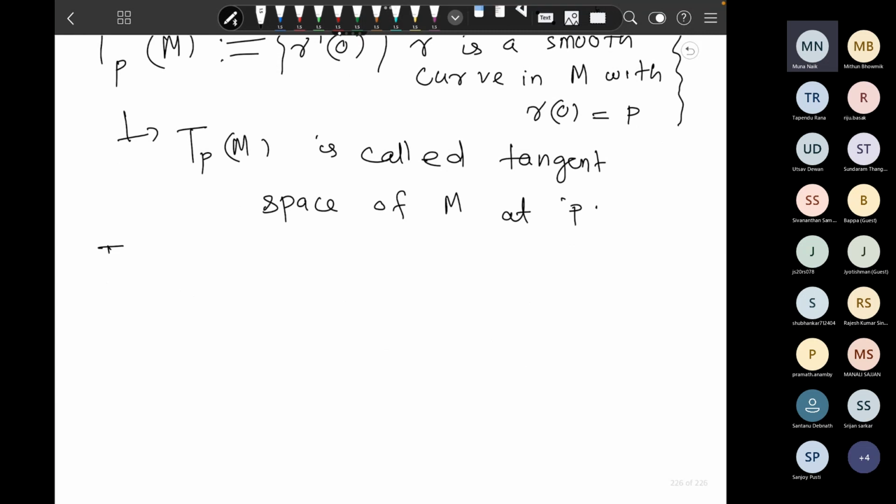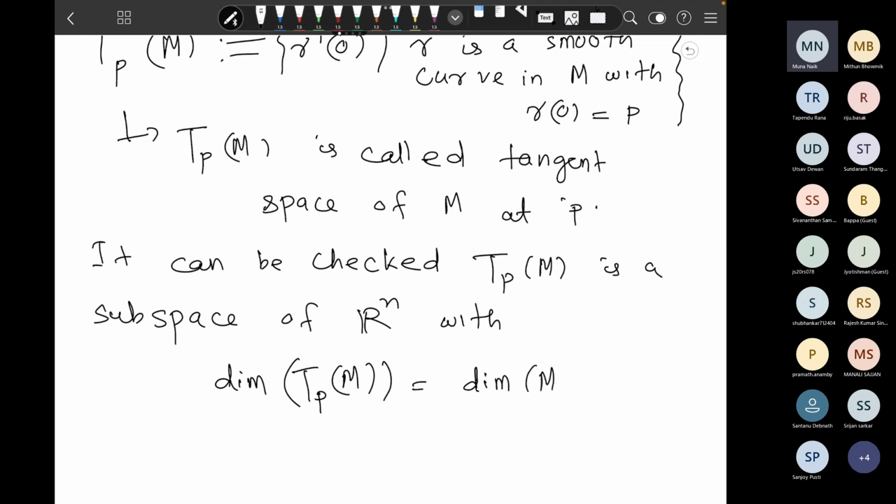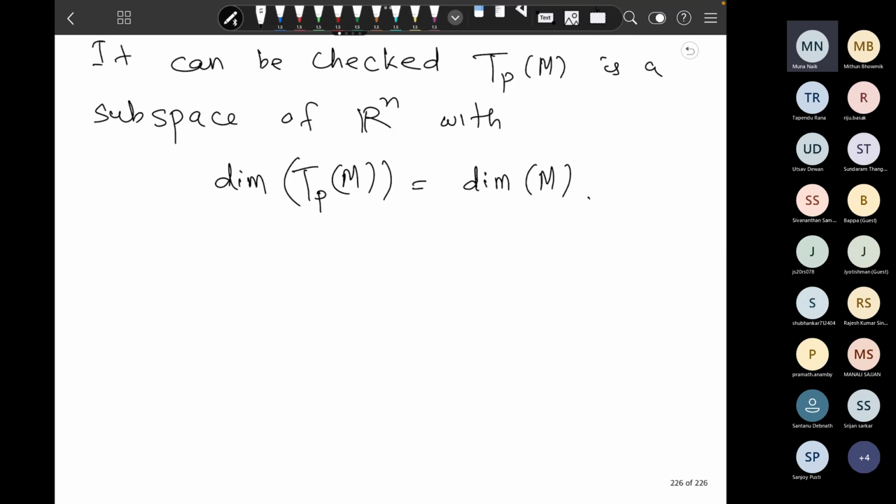It can be checked that T_pM is a subspace of R^n with dimension of T_pM equal to the dimension of M. The left hand side is the dimension of the vector space and the right hand side is the dimension of the manifold.